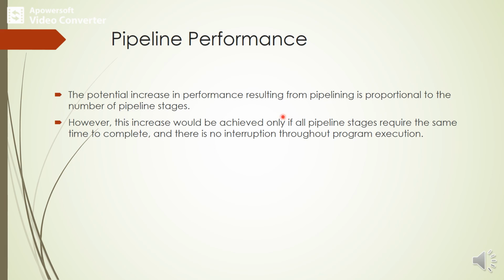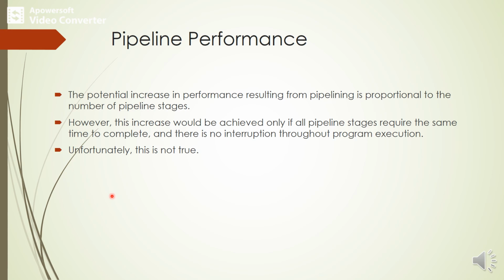So we are considering one scenario in which we can achieve better performance only if all the pipeline stages require the same time to complete the task, and we are assuming that there is no interruption throughout the program execution.